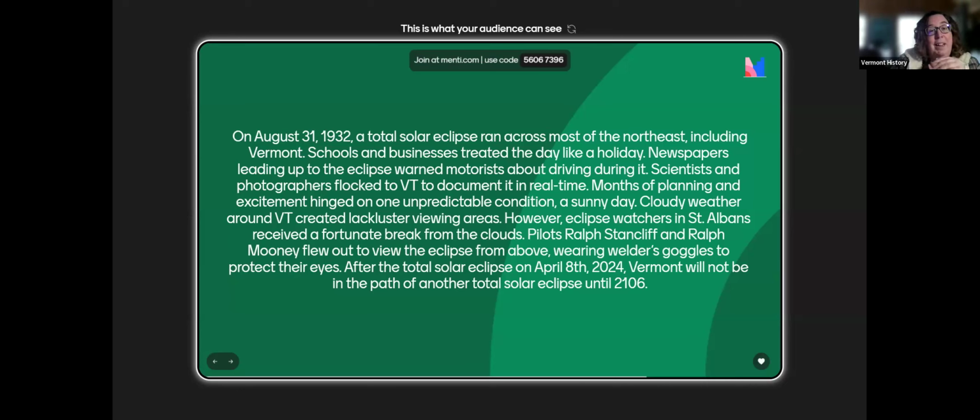And then after the end, the total solar eclipse of 2024, which we were viewing at that point in time, will not be able to be seen again until 2106. So that's giving that conclusion to the information, the triumph, and then the conclusion.